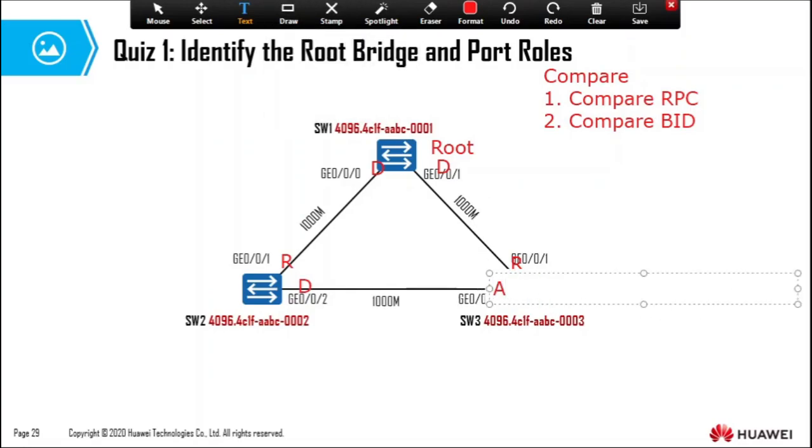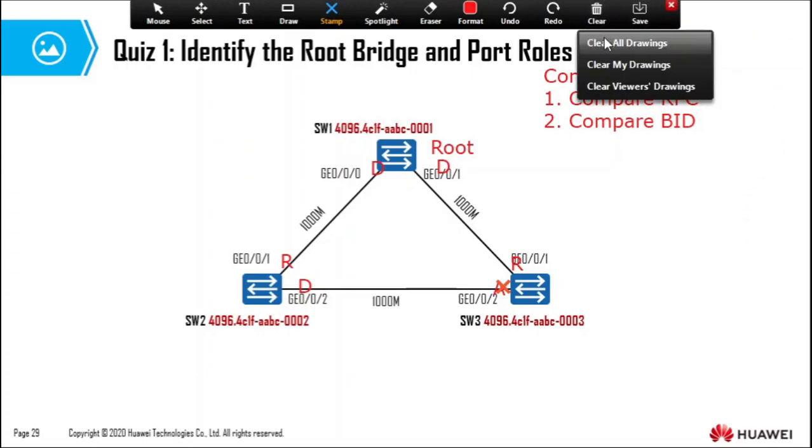So it's going to be the alternate port, and therefore we block this one so that we don't have a loop. That's how the switches are able to create a loop-free tree topology.